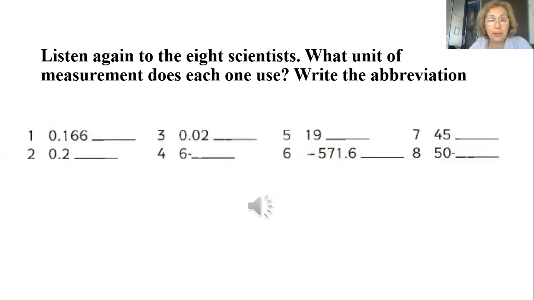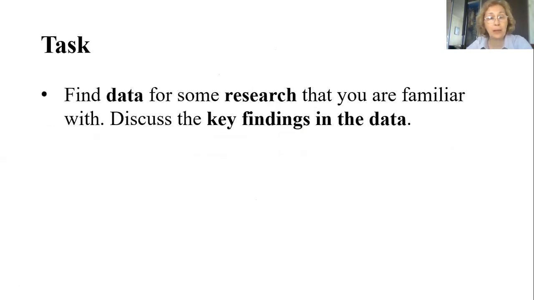And so this is a good practice. And the task connected with describing data will be to find data for some research that you are familiar with and discuss the key findings in the data.